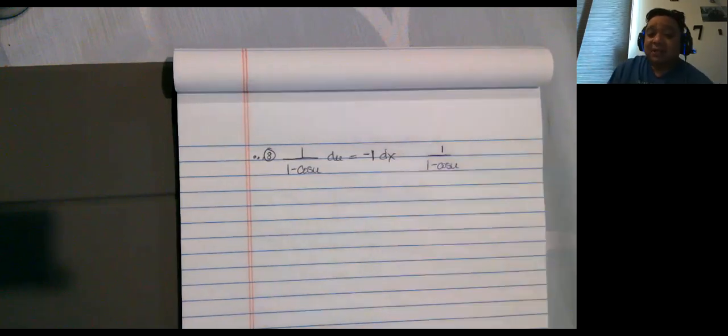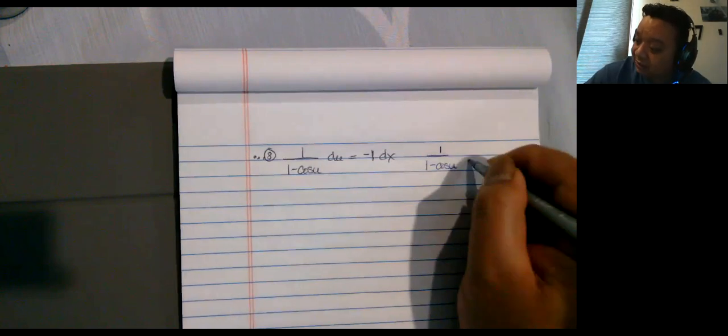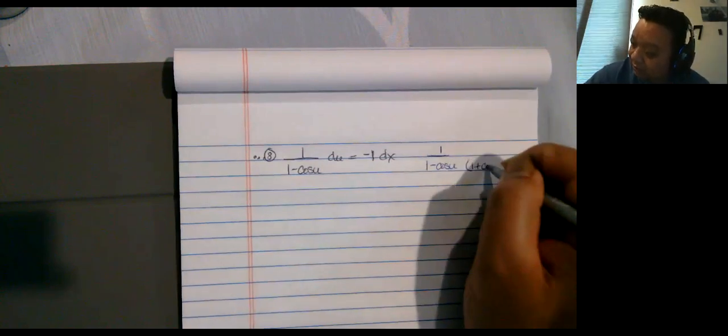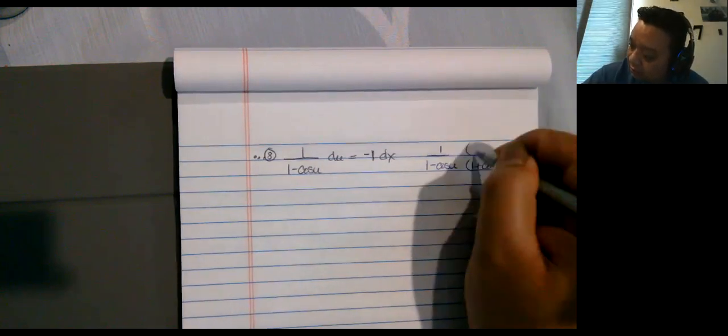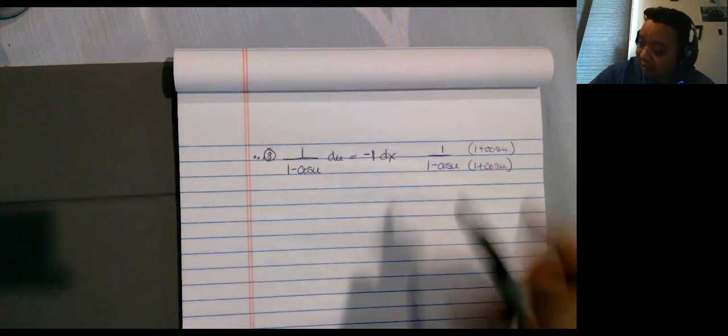And so one of the problems here is that the cosine is at the bottom and there's really no identity to use because none of them are squared. So what you want to do is introduce a square. So the only way to do that on a fraction is to multiply by the conjugate. So by multiplying by the conjugate, the top is 1 plus cosine u.